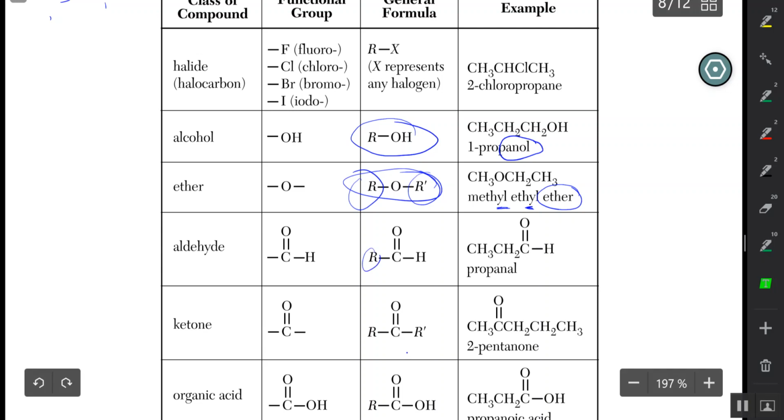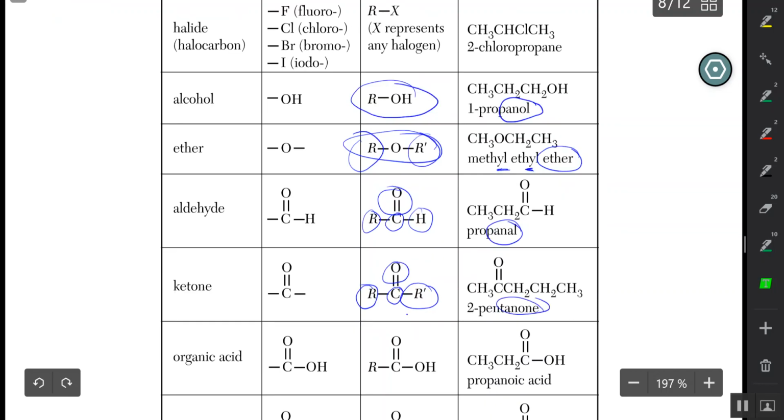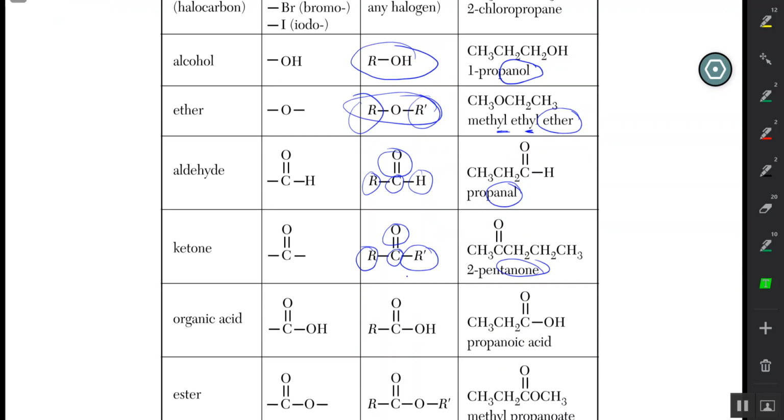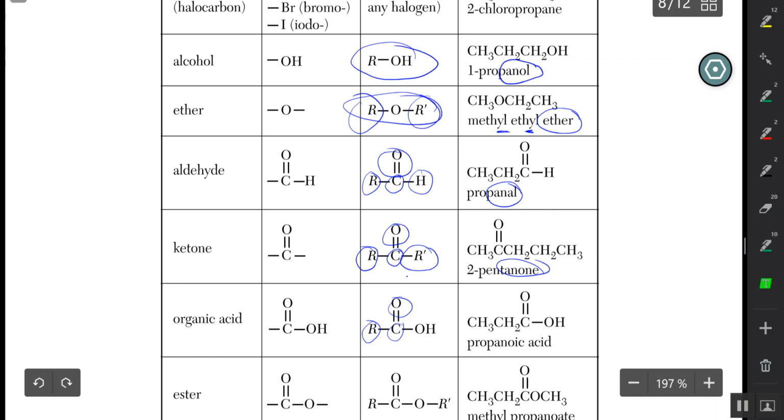If you have a carbon, the R stands for carbon, attached to another carbon, which is attached to a double bonded O and an H, we're going to end in anal. A carbon chain attached to another carbon, which is double bonded to an O and then attached to another carbon from the right side, then we have an anone. If we have a carbon chain attached to a carbon that's double bonded to an O, and then attached to an OH group, we have an organic acid, and the ending of the chain would be anoic acid.